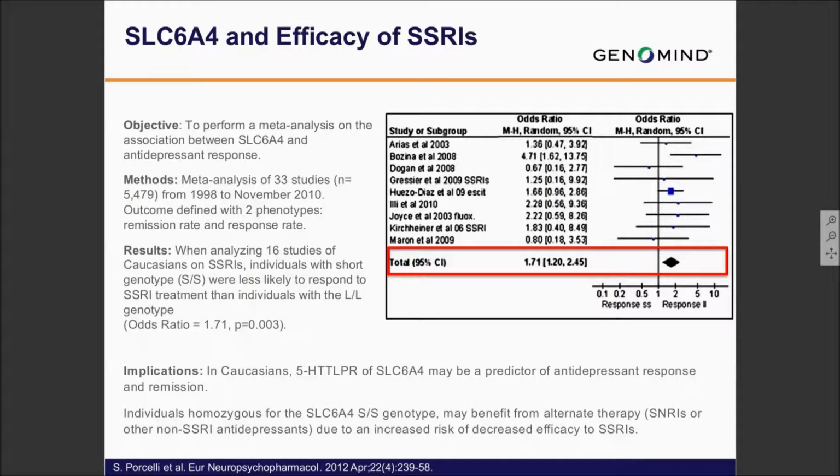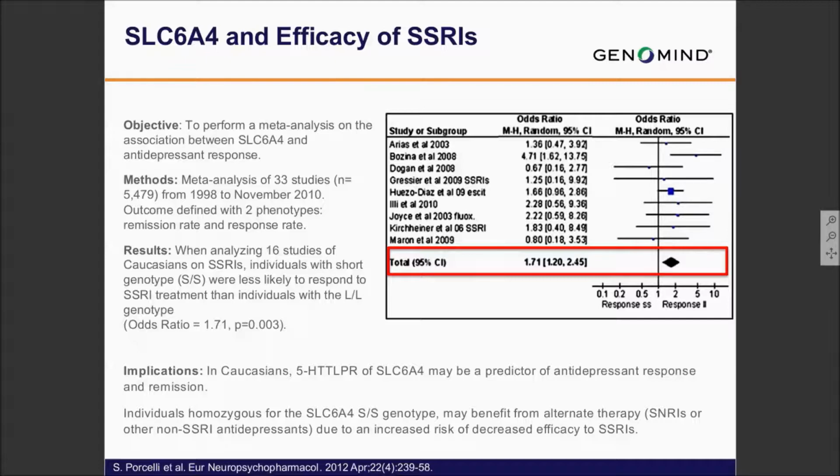In one of the largest studies of SSRI genetic response, Porcelli and colleagues conducted a meta-analysis of studies pertaining to 5-HTT-LPR. When the analysis was restricted to a Caucasian population, there was a significant correlation between 5-HTT-LPR genotype and odds of remission.